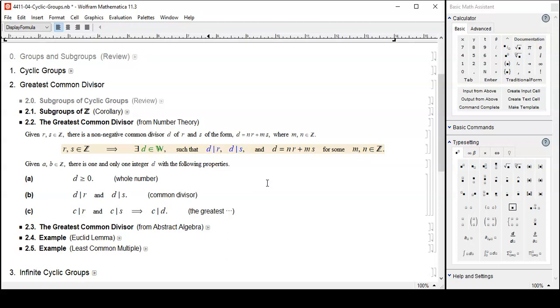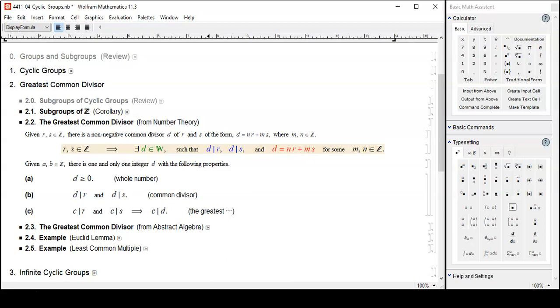And of this form, the linear combination: d equals mr plus ns, where m and n are integers. So basically, these three, green, blue, and red. That kind of non-negative integer exists. That's the first half of the theorem. Did I say half? No, not really. That's more than half, about 2/3, maybe 3/4 of this theorem, the existence.